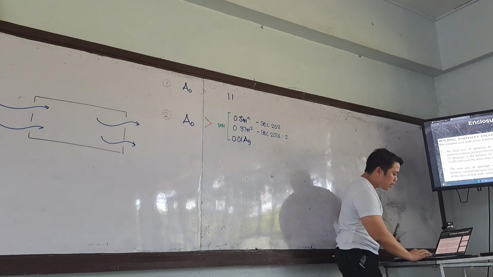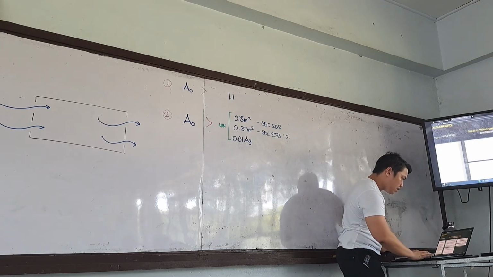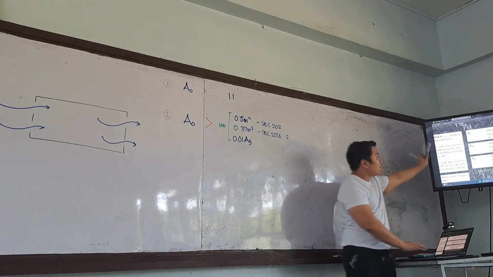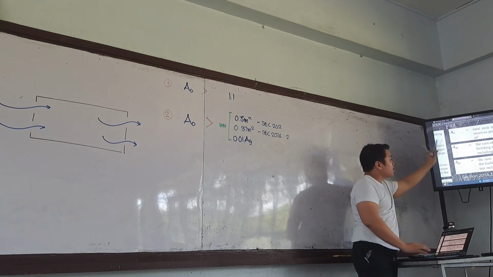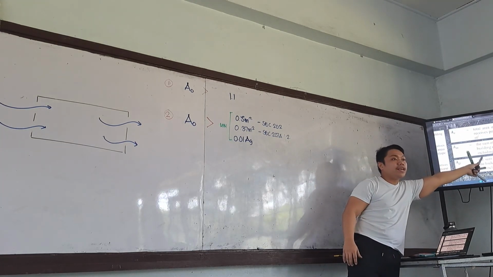Let's call this AOI. This is the sum of the area of the openings in the building envelope, not including AO.